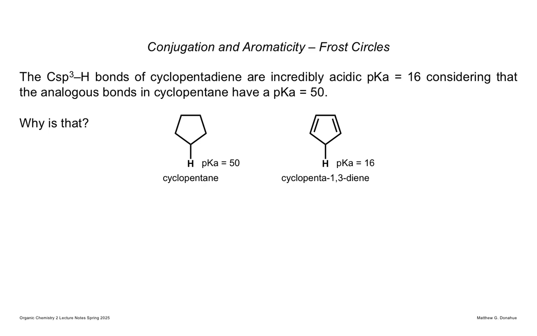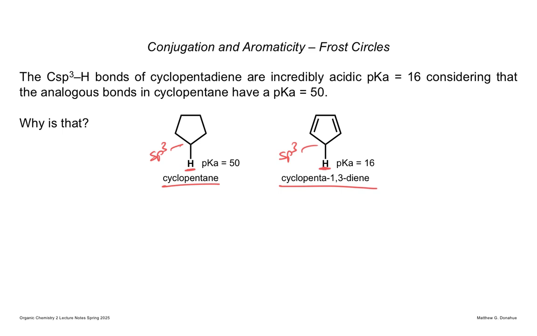So we're not out of the woods yet here in terms of this 5-membered ring. Look at this hydrogen atom in cyclopentane versus cyclopentadiene. Both carbon atoms are sp3 hybridized. The pKa of the CH bond in cyclopentane is 50.